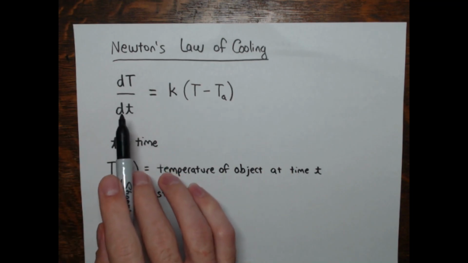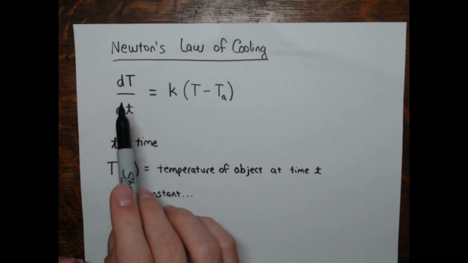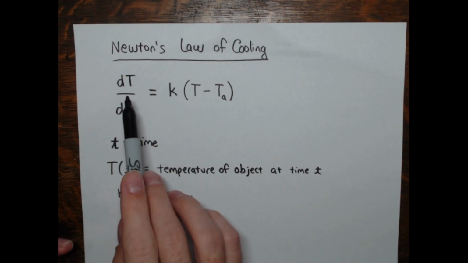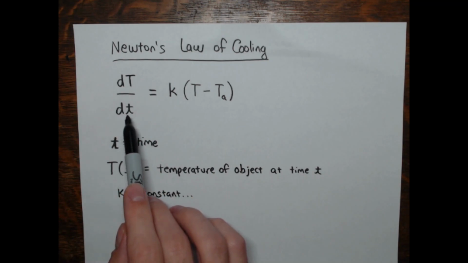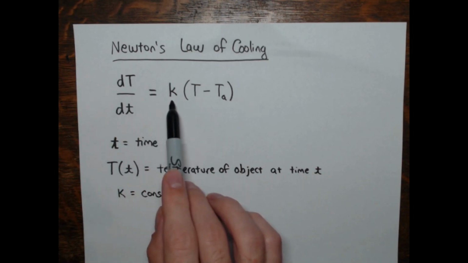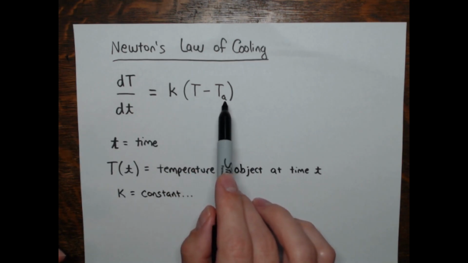So what Newton's law says is that the rate at which the temperature of the object changes over time is directly proportional to the difference between that object's temperature and the temperature of the atmosphere of the surroundings.